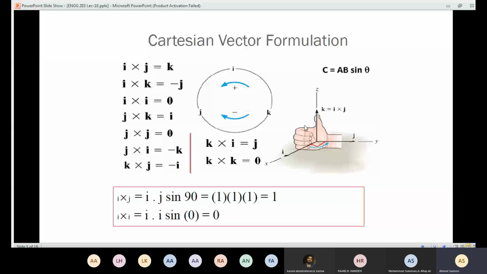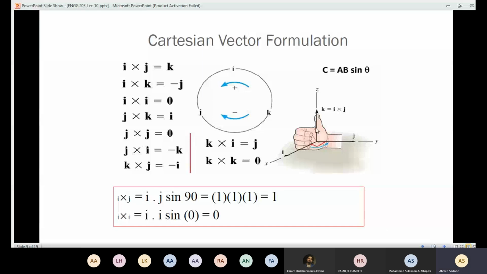Then the answer, as you might have guessed, is K, the new vector as a result of I cross J, because K is a vector which is perpendicular to the plane of I, J.